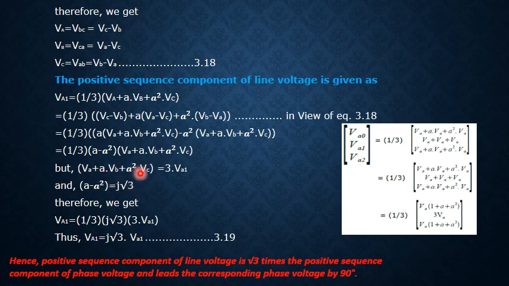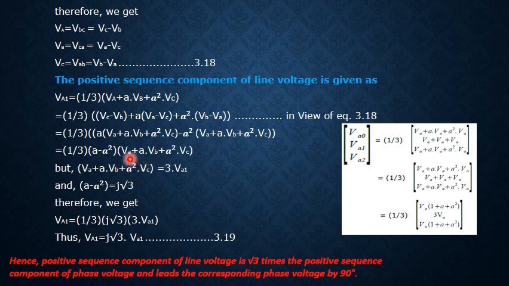So now substituting the respective values, this equation reduces to: the line voltage VA1 will be equal to 1 by 3 times (A minus A square). What is the value of A minus A square? It is j root 3, which we know from our previous sessions.